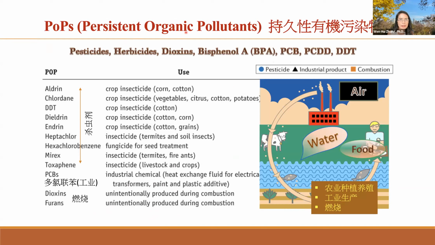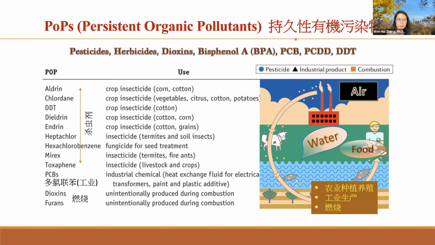The persistent organic pollutants, these are the true dirty dozen. So most of the insecticides, pesticides, and herbicides. And some of them are industrial byproducts, like combustion.